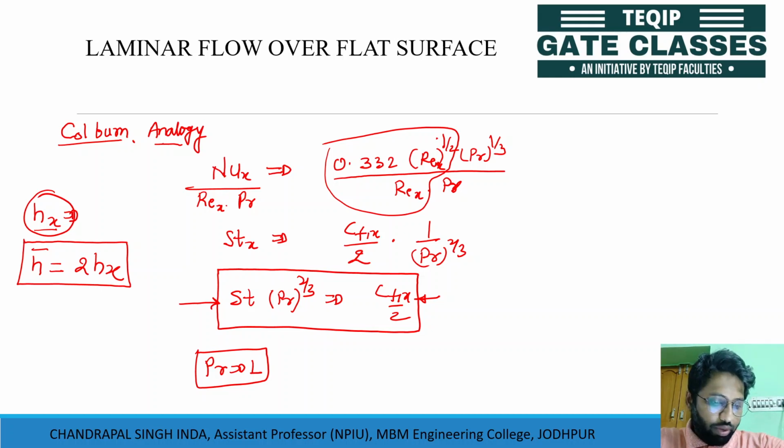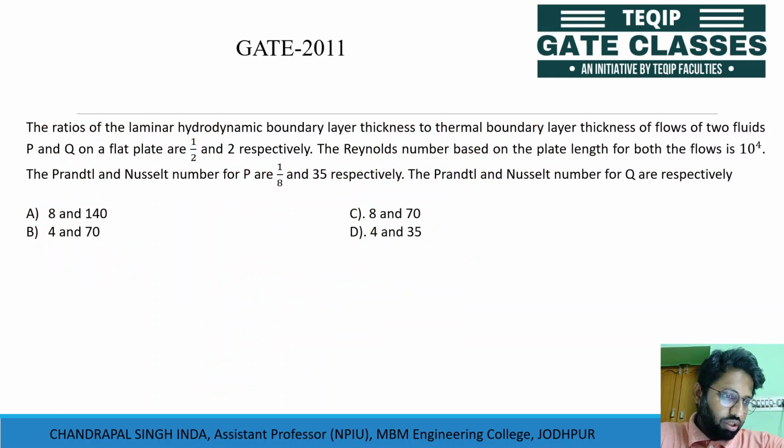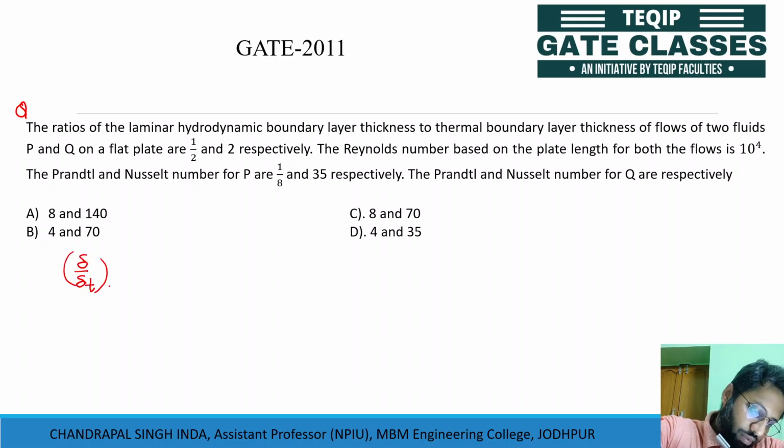Let's have a numerical problem over this. This was in GATE 2011. The question says: the ratio of laminar hydrodynamic boundary layer thickness to thermal boundary layer thickness for flows of two fluids P and Q, that is delta by delta T for P is equal to 1 by 2 and delta by delta T for Q fluid is 2.